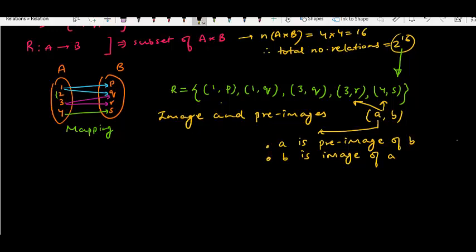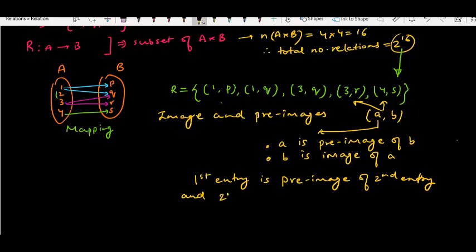They are simple. Pre means the one that comes before. So in the ordered pair, the first entry is the pre-image of the second entry, and the second entry is called the image of the first entry.